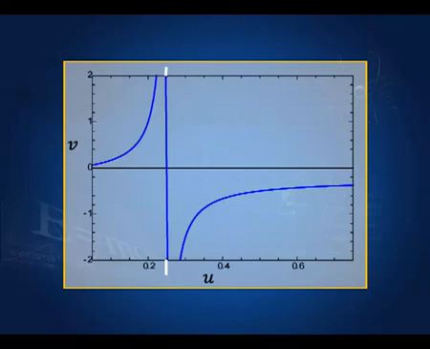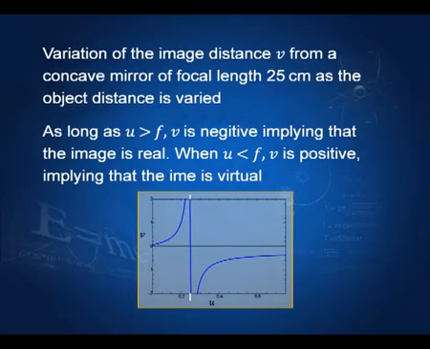I will show you first of all this slide, which shows the relation between v and u for a concave mirror. As you know, u is the distance of the object from the mirror, and v is the distance of the image from the mirror. And you can see that this is for a concave mirror of focal length 25 centimeters. As long as u is such that the object is away from the focus, then v is always negative.